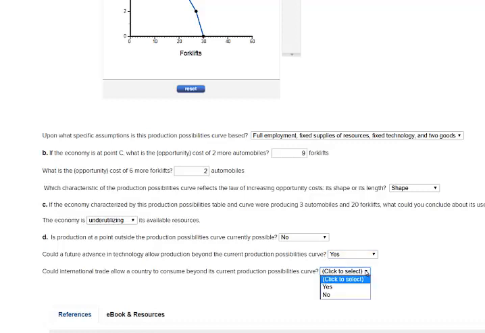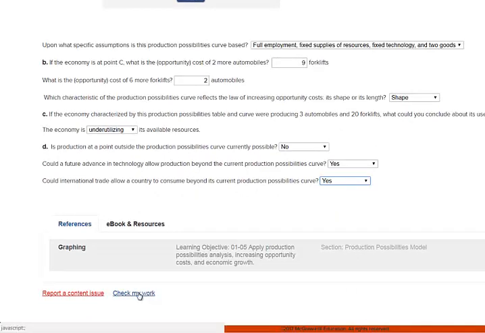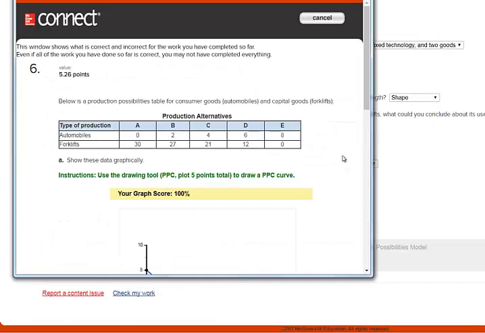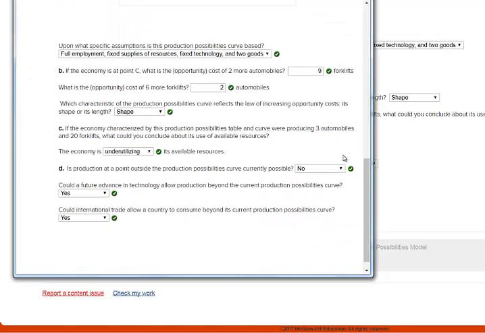Could international trade allow us to consume more? The answer is yes. And if we go down and check my work, the answers are correct.